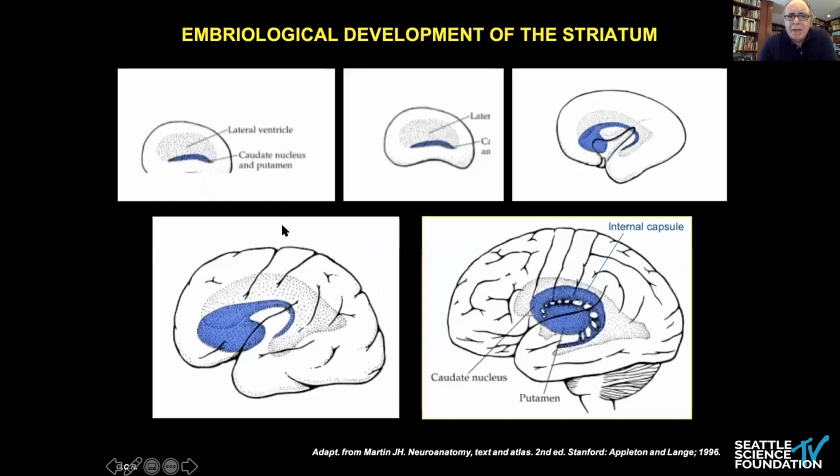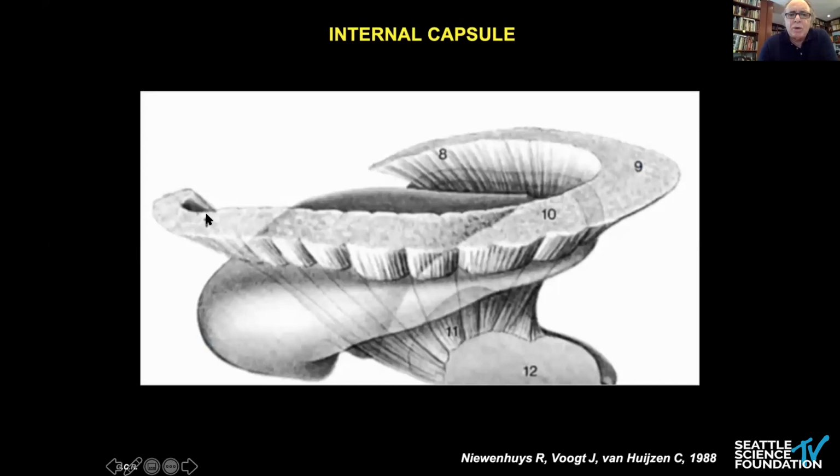Now, all these structures also did bend around the center, which again is the thalamus, assuming the C-shaped format. Now, since the corona radiata continues with the internal capsule, and the internal capsule has this fan-shaped format, it turns out that only the dorsal striatum was divided.